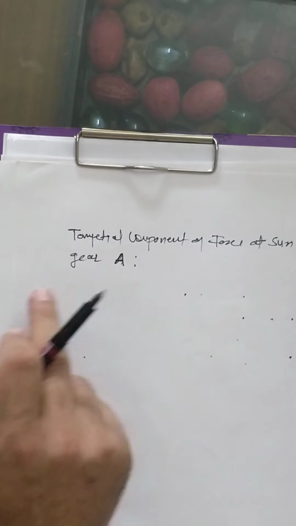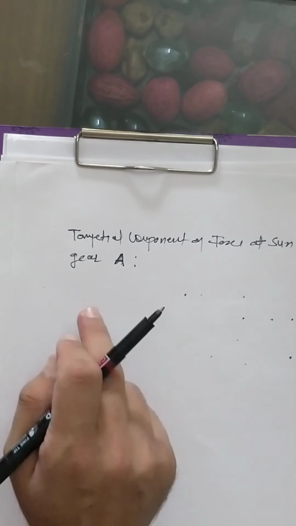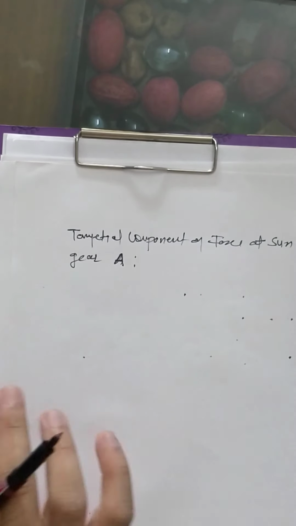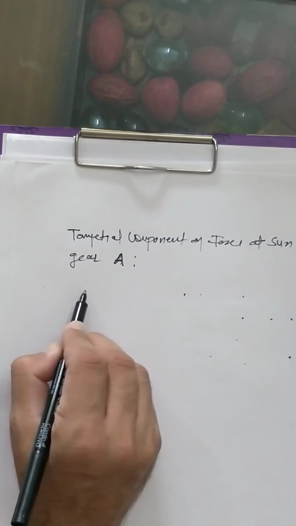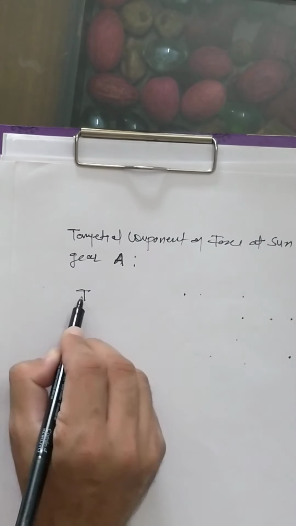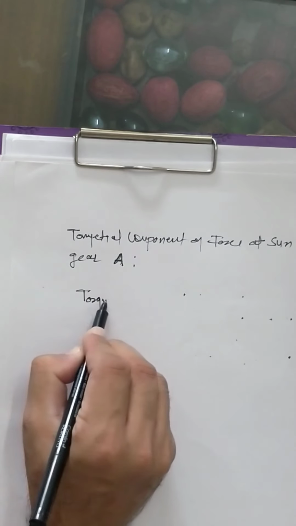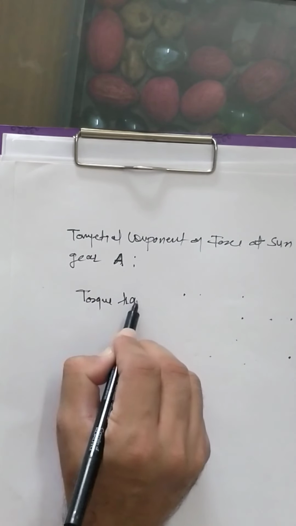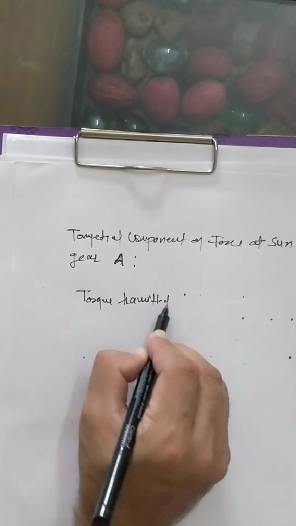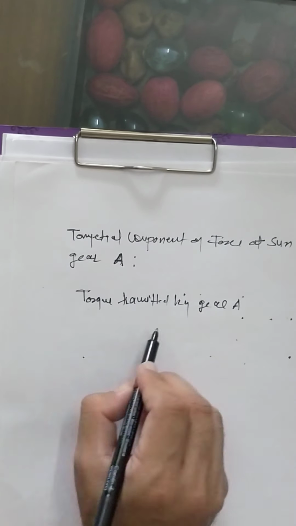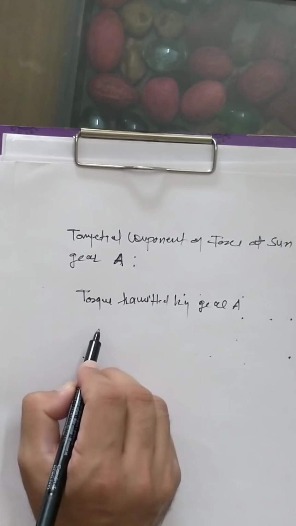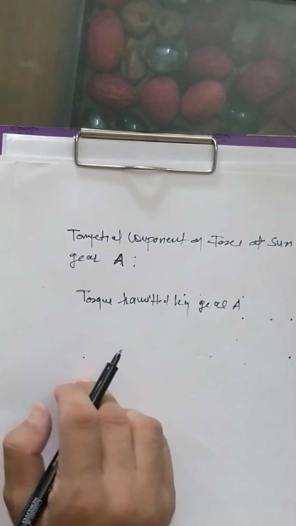So by using this power we can calculate the torque transmitted by gear A, right? So torque transmitted by gear A can be written using the power and torque relationship.